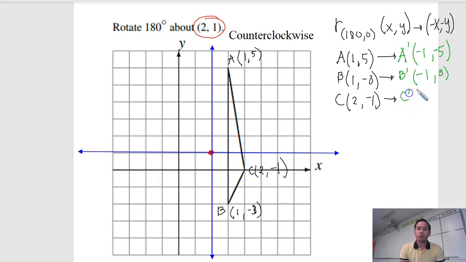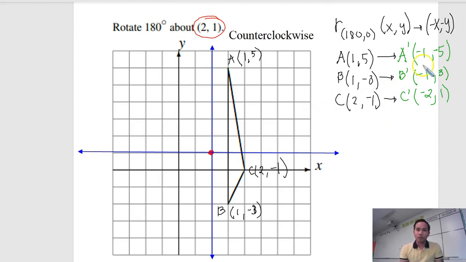And my C prime will be -2, and -1 will become positive 1. Now I have the points A prime, B prime, C prime. I'm going to graph them with respect to the blue Cartesian plane.